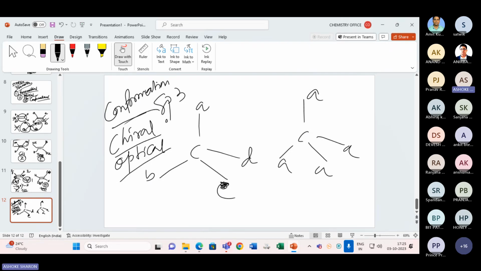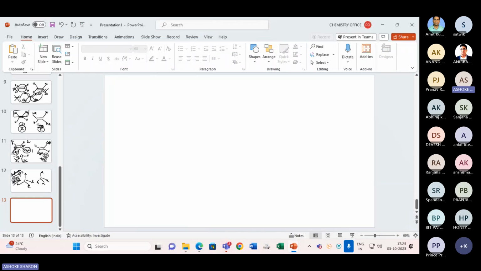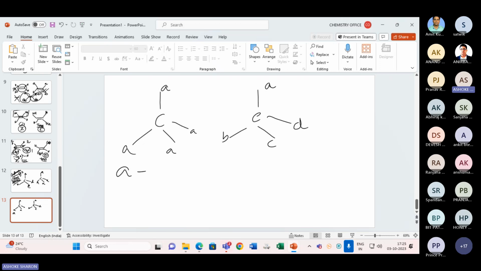So first, when do we call a molecule chiral? Under which condition can we say a molecule is chiral? The first criterion: I have drawn in the previous slide a molecule with substituents A, B, C, D. Number one, if all the substituents are the same, if all the substituents are A, then this molecule is not chiral. Number two, if three substituents are the same and one substituent is different, then this molecule is also not chiral.